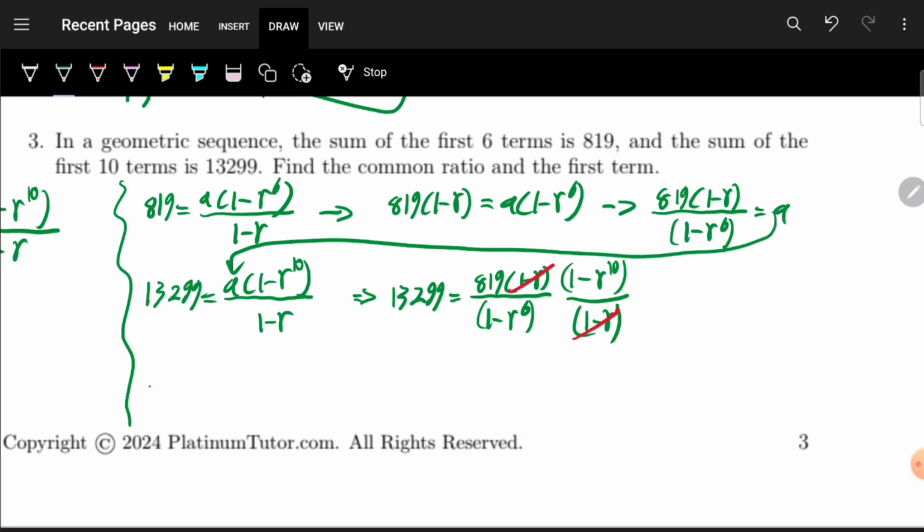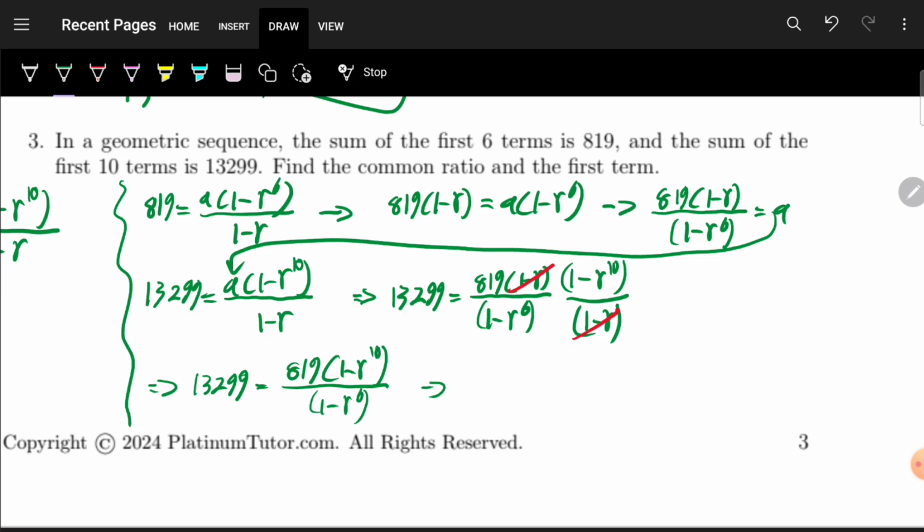And let's simplify. So we have 13,299 is equal to 819 times 1 minus R to the 10 all over 1 minus R to the 6. So next, I'll divide both sides by 819.